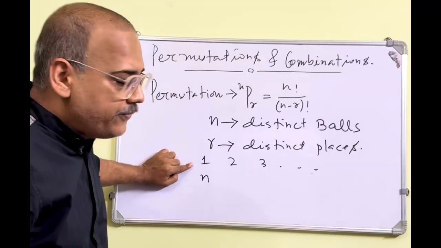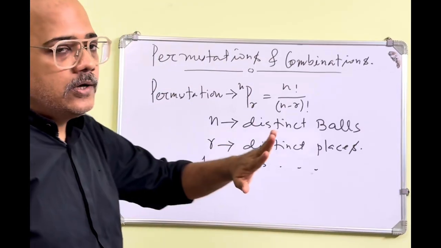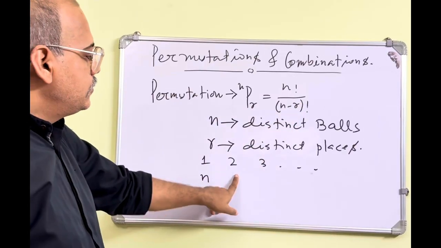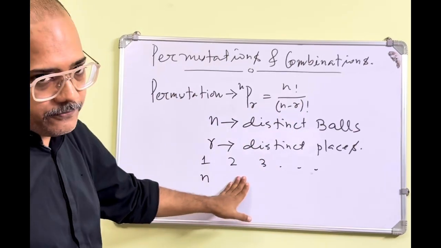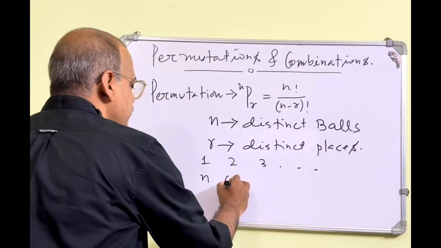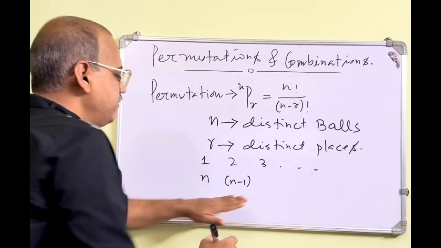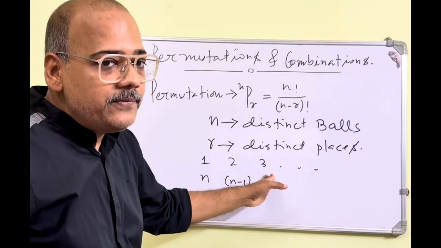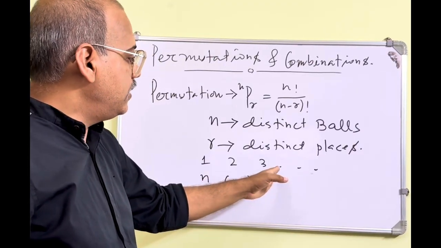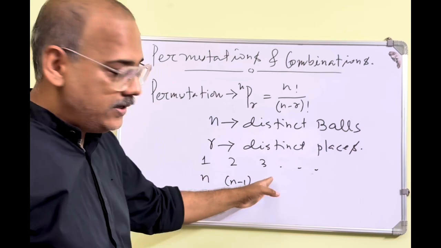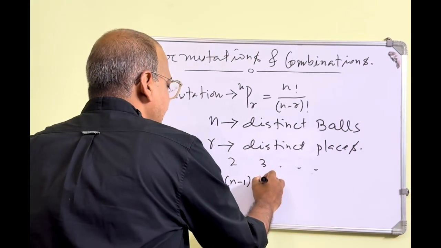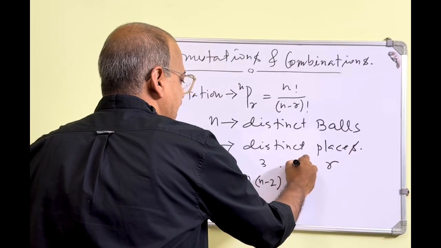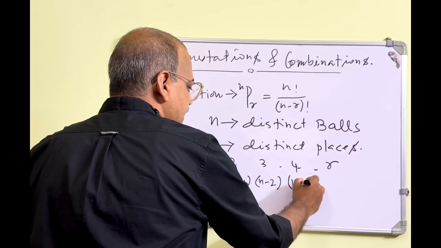The moment I fill the first place, I'm left with n minus 1 distinct balls. So how many ways can I fill the second place? Definitely n minus 1 ways. If I fill 2 as well, how many are left for place 3? I have n minus 2. If I have 4 places, it has to be n minus 3.